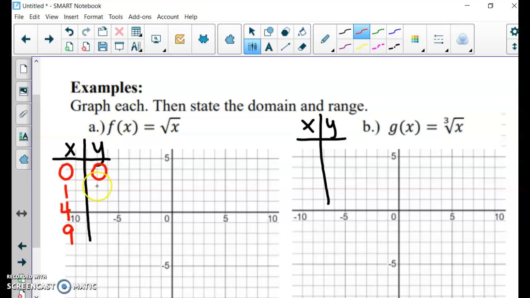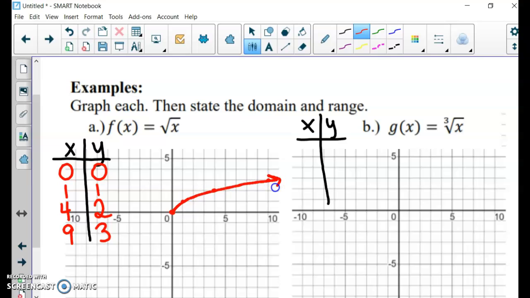The square root of 1 is 1. The square root of 4 is 2. The square root of 9 is 3. Each of these four ordered pairs are coordinates of points on our square root of x graph. So (0, 0), (1, 1), (4, 2), (9, 3).